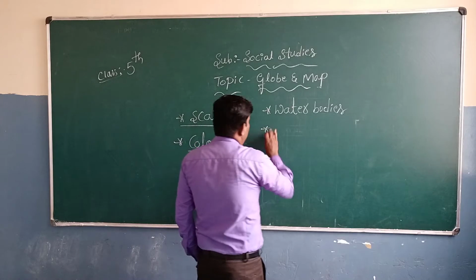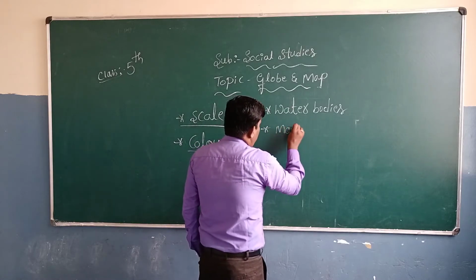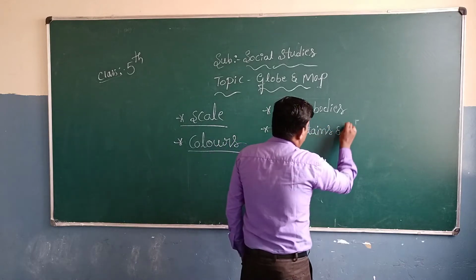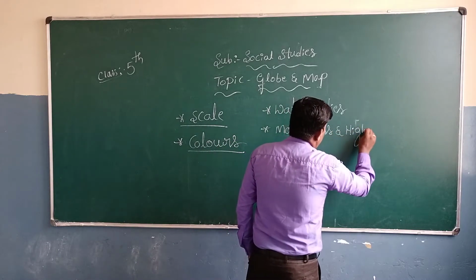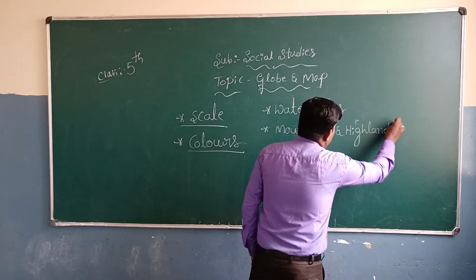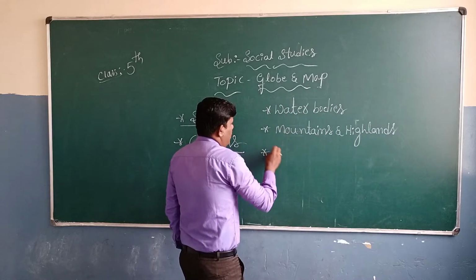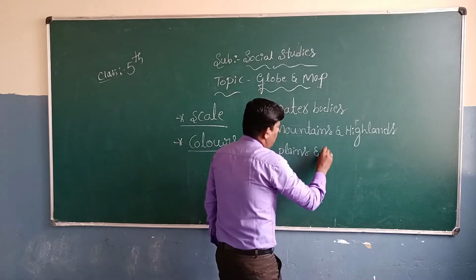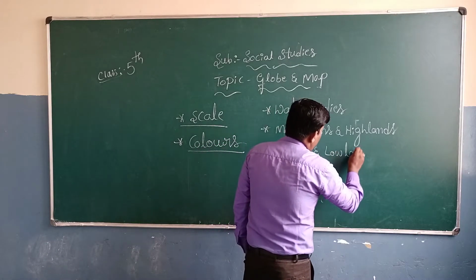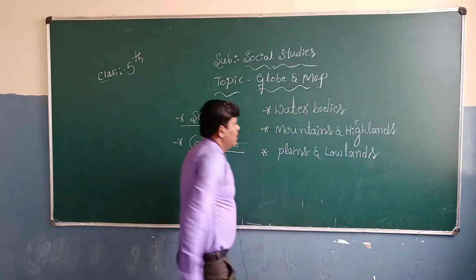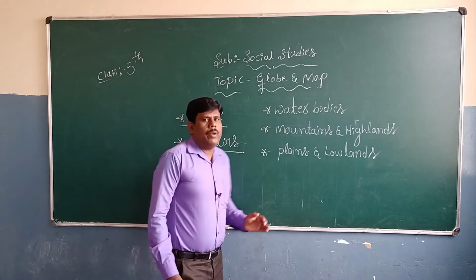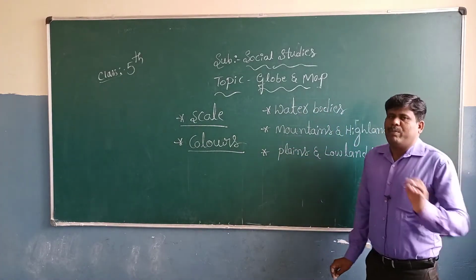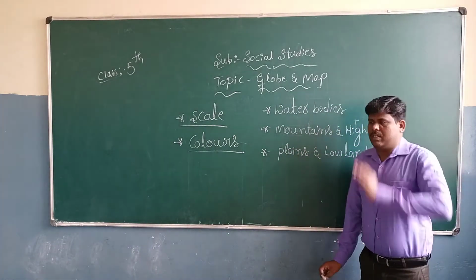Next one, mountains and highlands. Plains and lowlands. These are the main important places which are shown on the map with the use of colors.